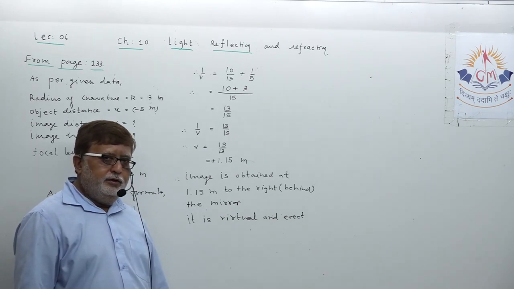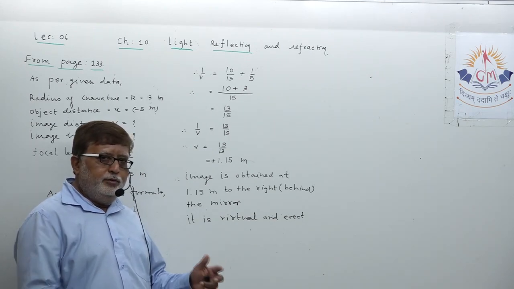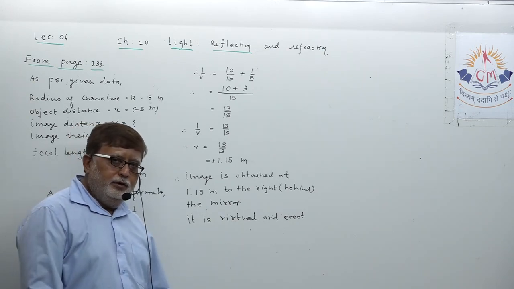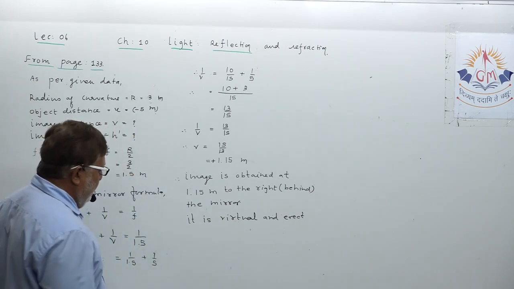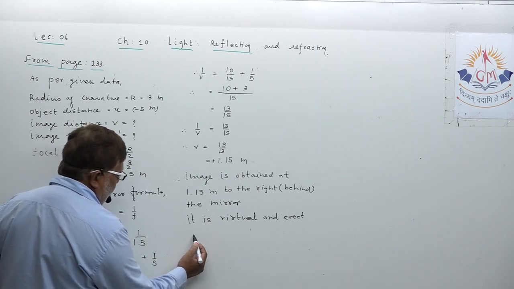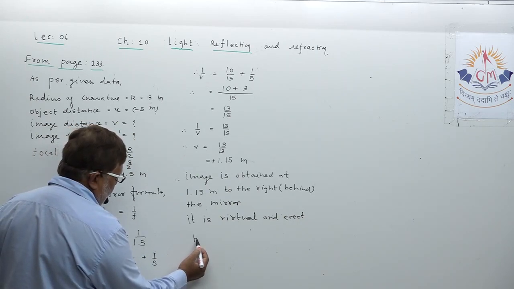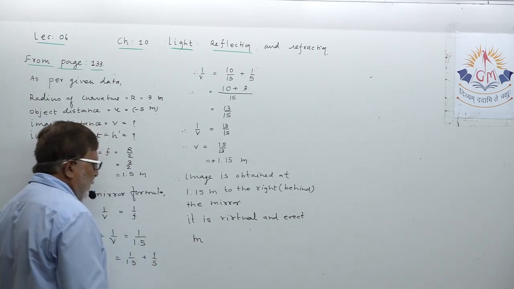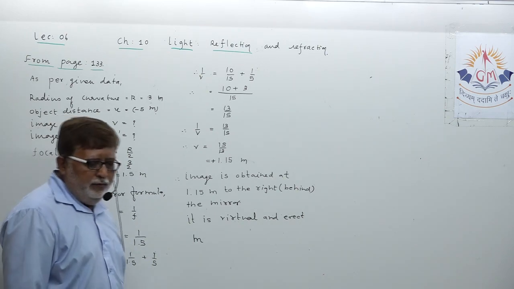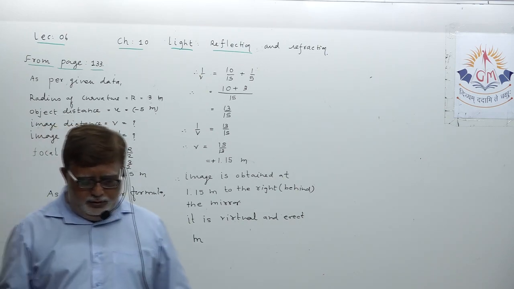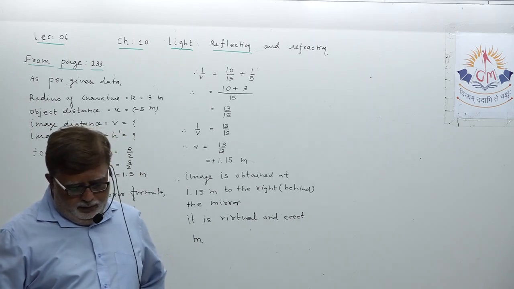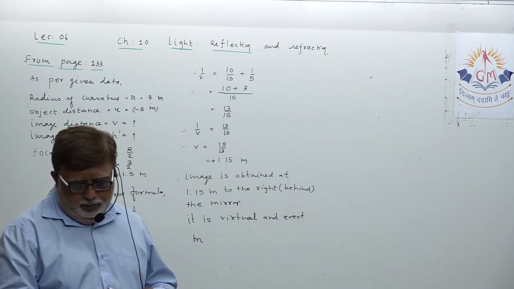Now dear student, after finding the nature, we know virtual and erect. Image distance you know 1.15 meter behind the mirror. Now let us look for magnification. m equal to h dash upon h.